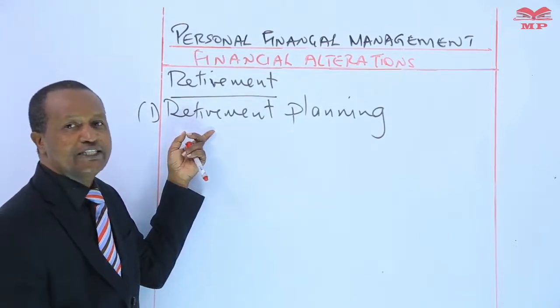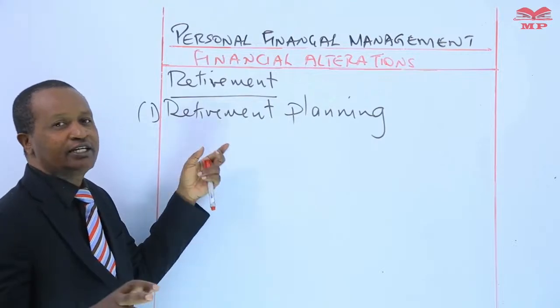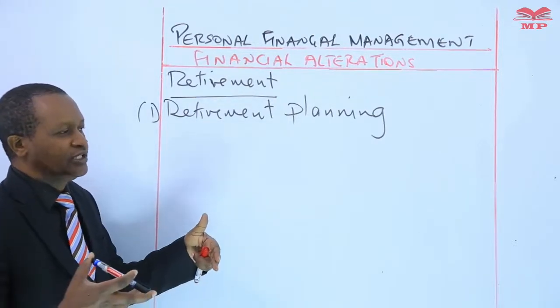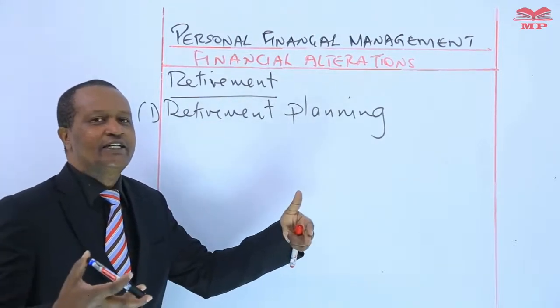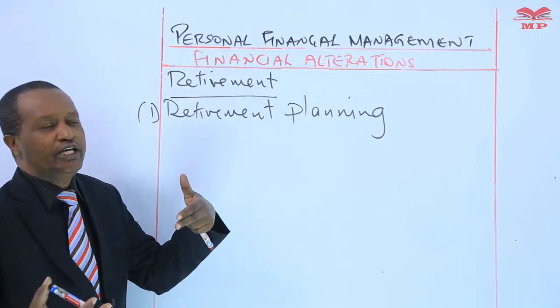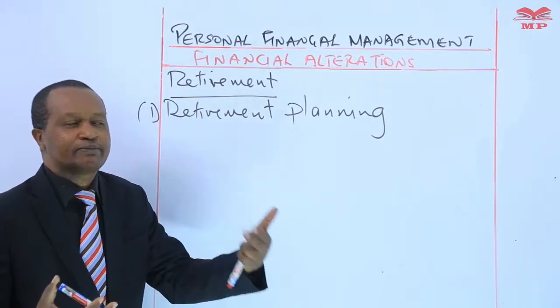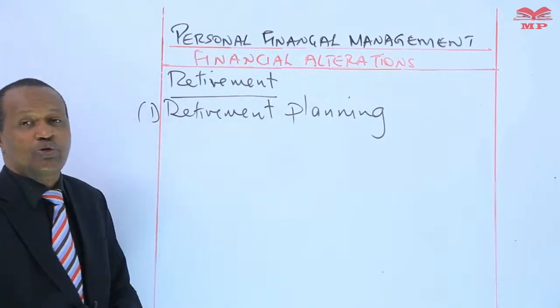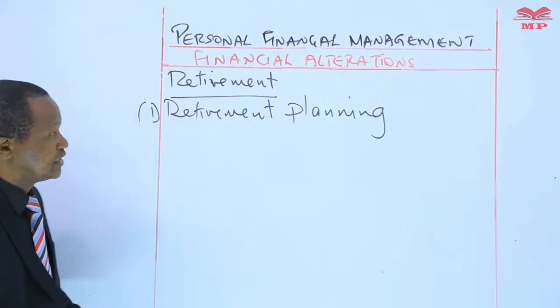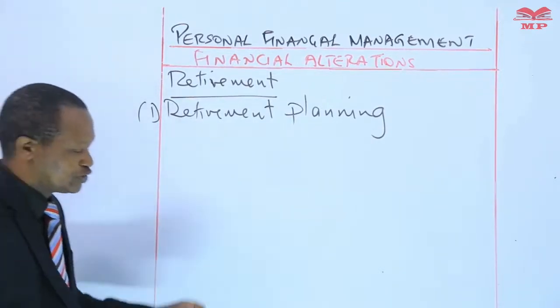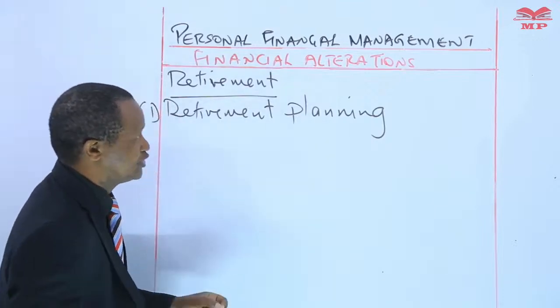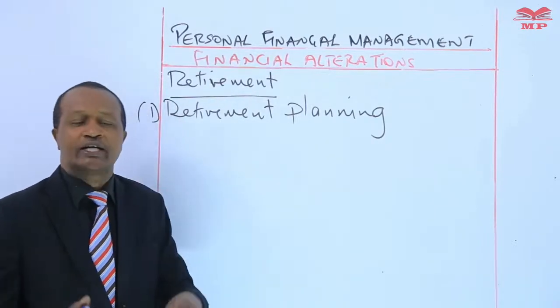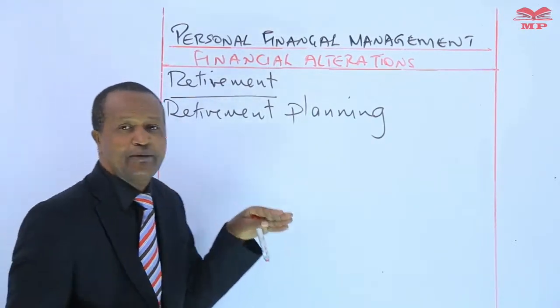Develop a comprehensive retirement plan that includes your desired retirement age, income sources, expenses, healthcare needs, and so on. Do you understand? In personal financial management, there are certain alterations that may be required. One is in relation to retirement planning.